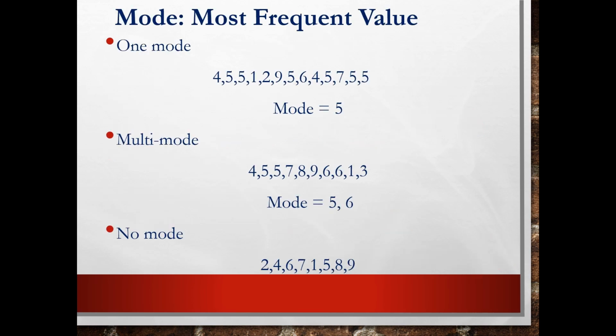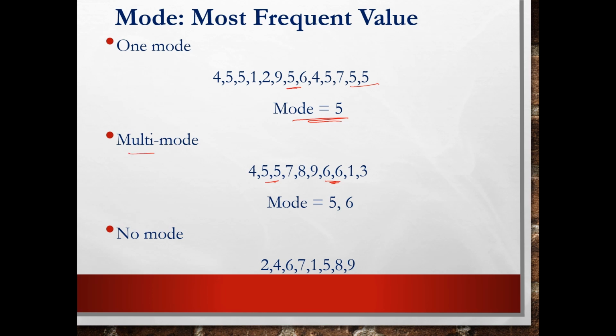And then about the mode, which is the most frequent value. In some data you would have only one mode, because 5 has a frequency of 3, so the mode is 5. But when you take this data set here, 6 is mentioned 2 times and 5 is there 2 times. So there are 2 modes. Likewise, there can be many modes in a data set.